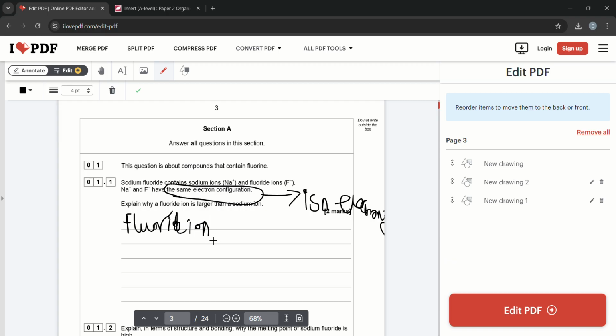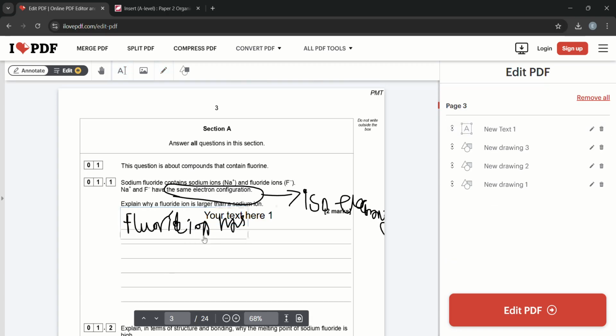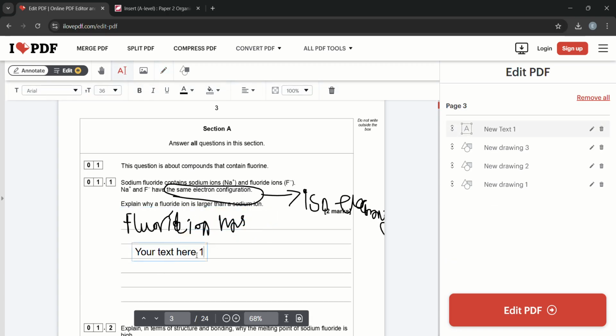Actually it's better if I just type it in. Fluoride ion has fewer protons, hence a lower nuclear charge.